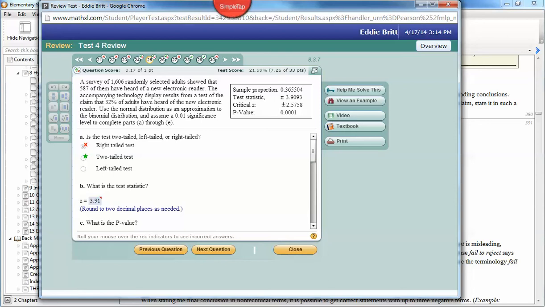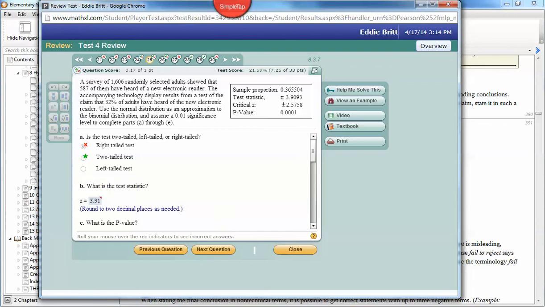Right would be greater than, and the actual claim, the 32%, that means equal to. Okay. So when we have equal to with our original claim, two-tailed. So part A is two-tailed.